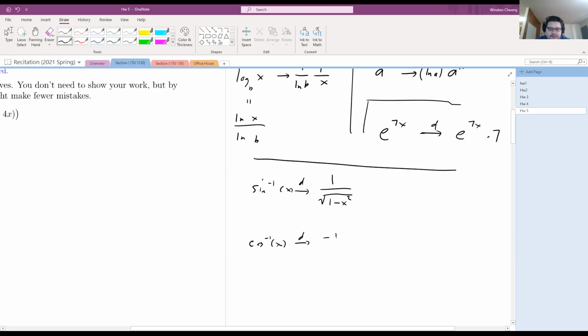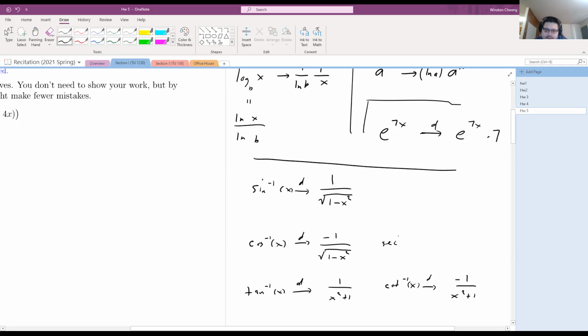You just put a negative in front. Inverse tangent looks slightly different: 1 over x squared plus 1. Some people switch those two and say 1 plus x squared, but here it doesn't make a difference. We have cotangent inverse, which also just has a negative in front.